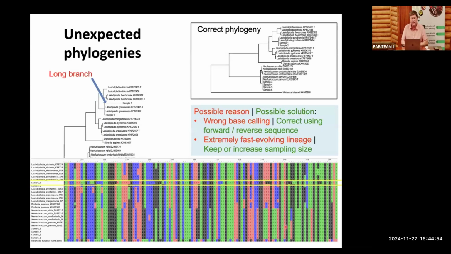Okay, first let us look at branch lengths. If you go back to your sequence alignment, you will notice that there are mutations, but they're not true mutations. It's missing calls, wrong base calls. For example, all of these have either a G or an A. Now suddenly you have a T. And I can tell you this T comes from the fact that when you run your sequence on the capillary, there was overflow.